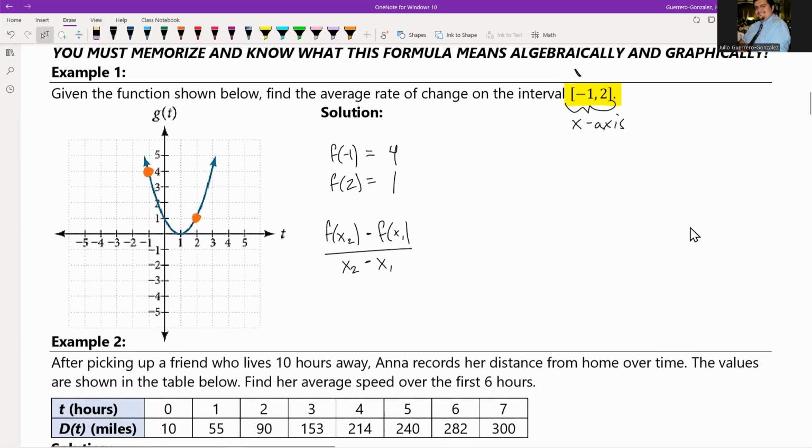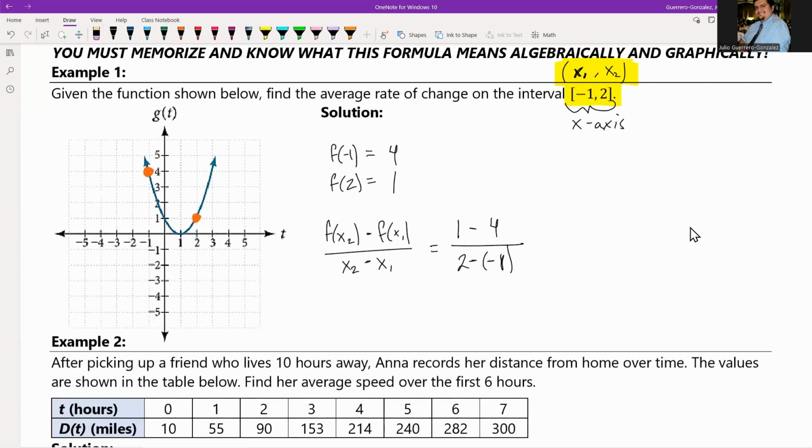I should write this out before we move on. Up here, take a look: x1, x2. I know what my x1 and x2 are. So that means I'm going to be doing my f of x2, which is 1, minus 4, all over 2 minus negative 1.